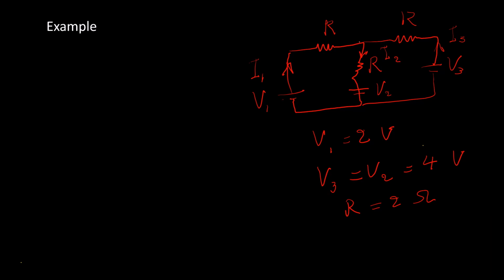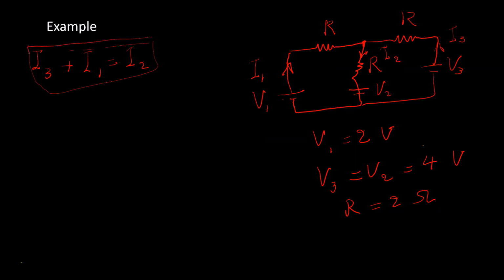So as you see, if you look at this junction, you get I3 plus I1 equal to I2. That's one equation.